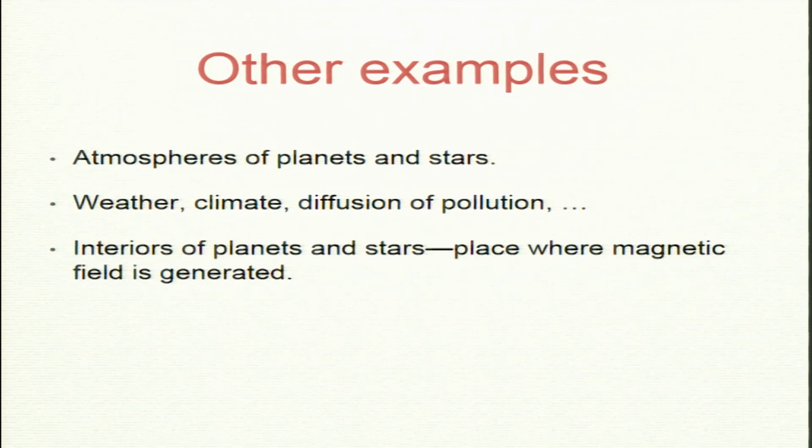Then the interior of planets and stars: inside the earth there is a part where the Reynolds number is quite large and a magnetic field is being generated, called the outer core, and there too things are turbulent.